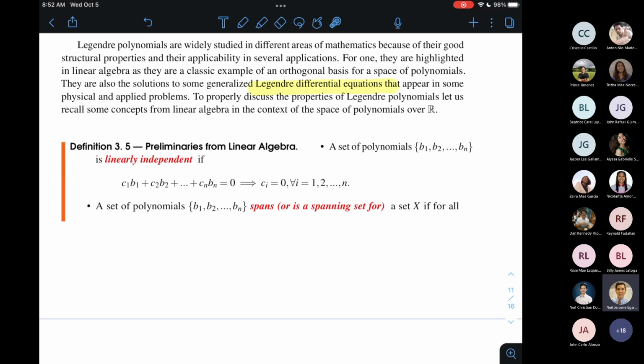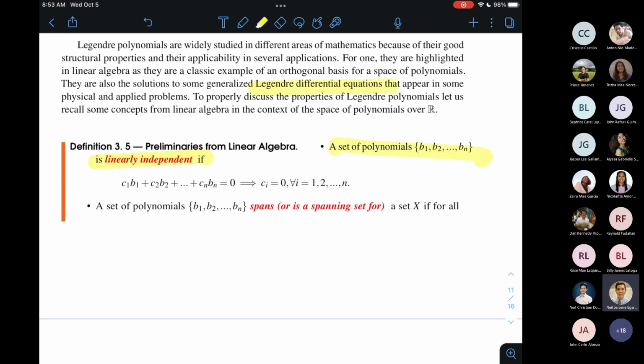I thought hindi, pero nandito pala siya sa theorem later. Pero some preliminaries from linear algebra that will help us understand ano yung ibig sabihin ng mga properties ni Legendre polynomial. Well, first we can say that a set of polynomials, or in general, a set of objects, is linearly independent. So akala nyo hindi nyo nagagamitan yung sa Math 105 or Math 120 nyo.